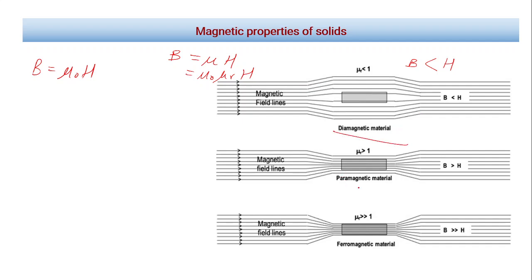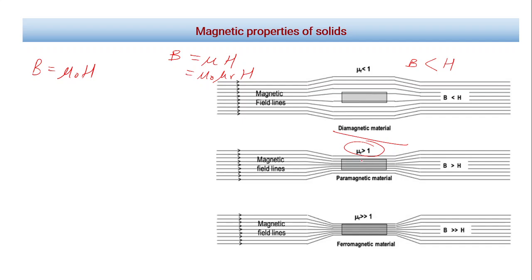Another type of material where magnetic lines of force tend to pass through are materials for which the permeability constant has a value more than 1, and because of that the magnetic induction is more than the magnetization field that we had applied.